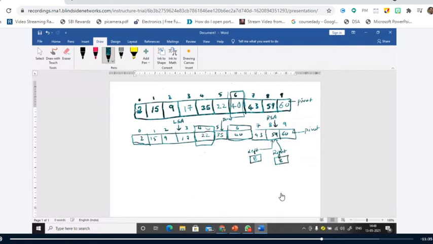Now 59 compared with 60. Less than. What you have to do? Increment the left pointer. Therefore, 8 is incremented to 9, and the pointer is pointing to this location. So you can observe here that the left and right pointers have crossed each other.